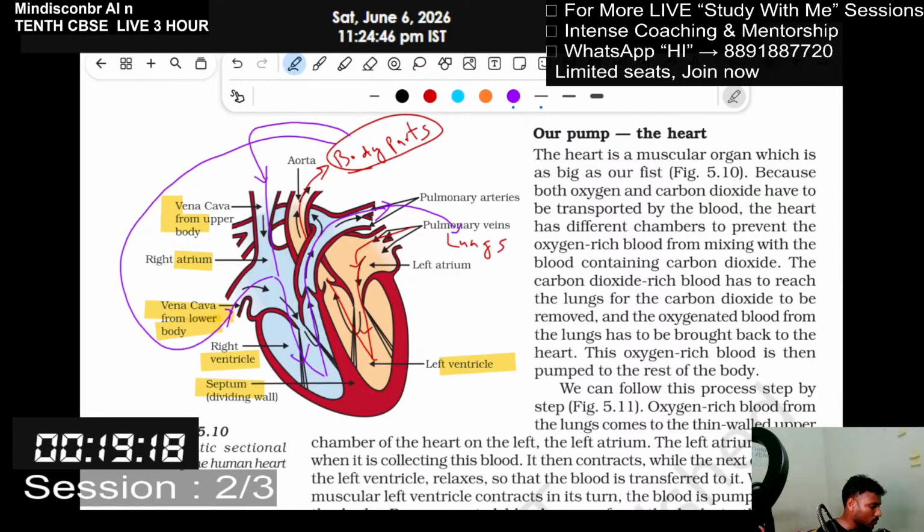The thickness of this wall is very high compared to the thickness of the right ventricle, because from here the blood moves to all the body parts, meaning our entire body, from our legs, our thighs, our hands, our brain, etc. But from the right ventricle, blood moves only to the lungs, and from the lungs the other cycle starts. So the left ventricle is a little thicker.